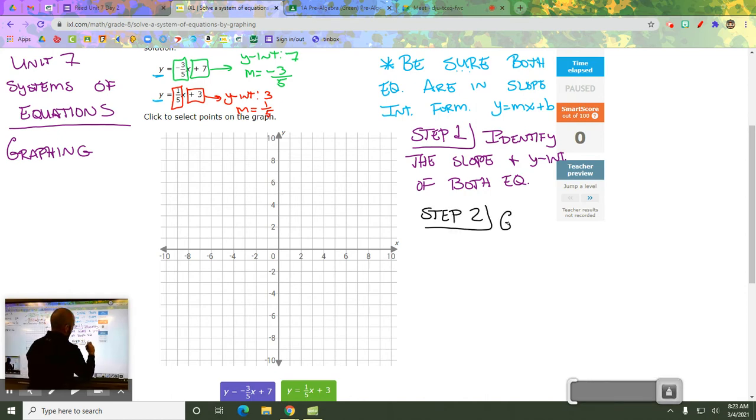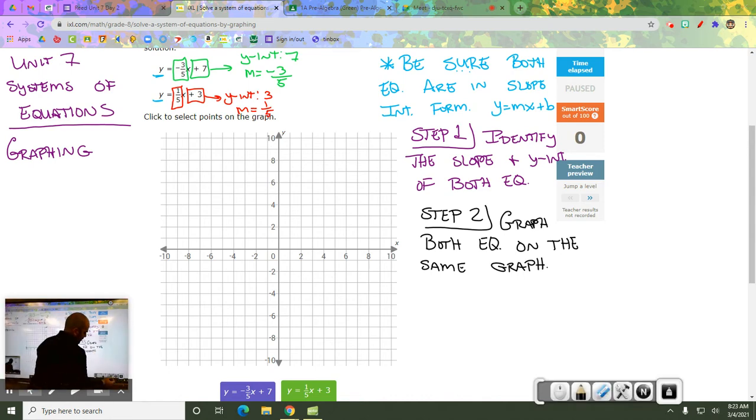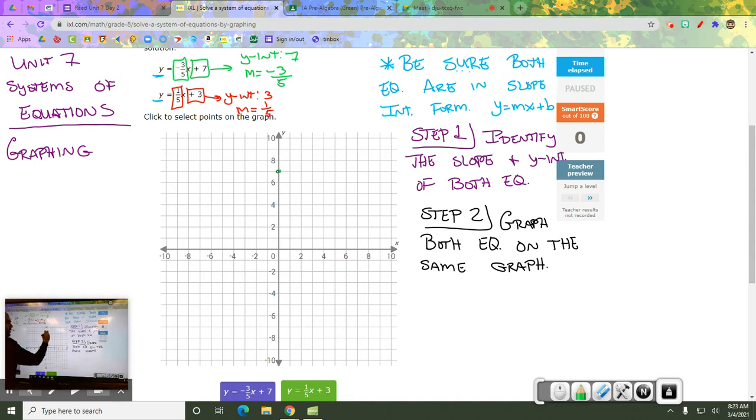And my last step, we're going to graph both equations on the same graph. My first one, my y-intercept is 7. This is where we cross the y-axis. So I go to 7, and I'll make my point here.